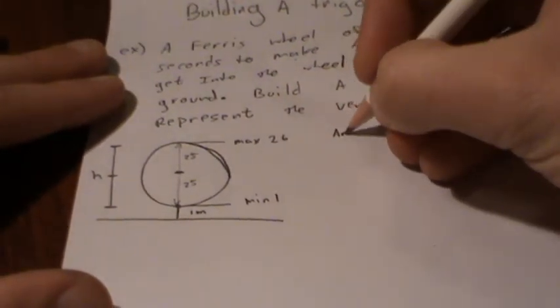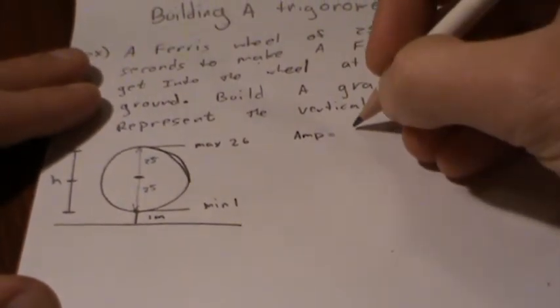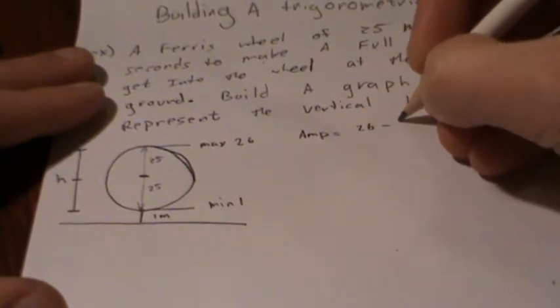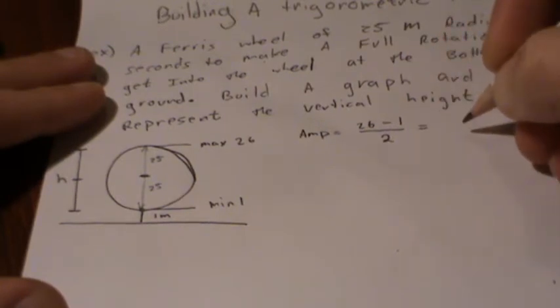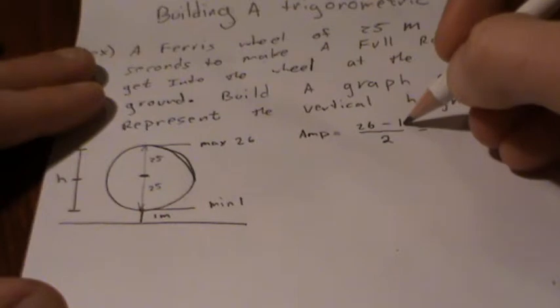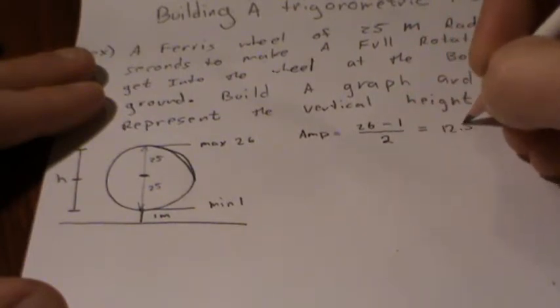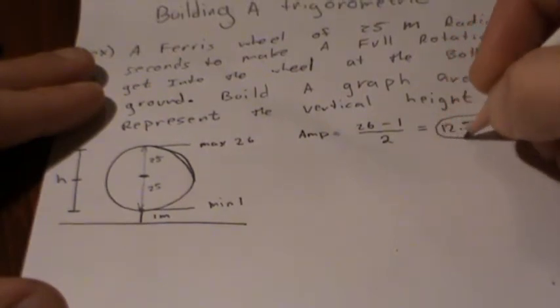And so I can figure out the amplitude here by doing that simple formula of max minus min, or 26 minus 1 divided by 2. It looks to be 26 minus 1 is 25 divided by 2 is 12.5. This is the amplitude, or this is the A value here.